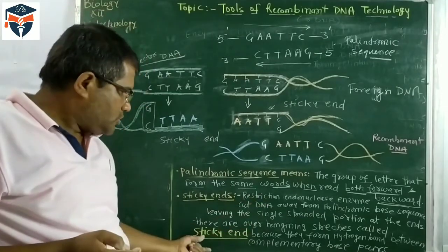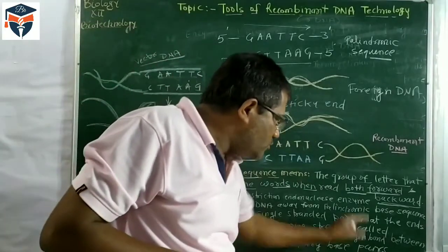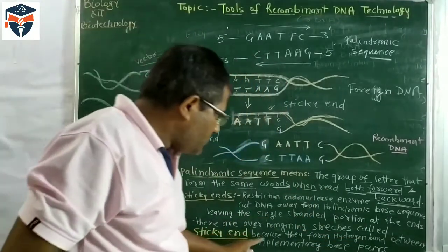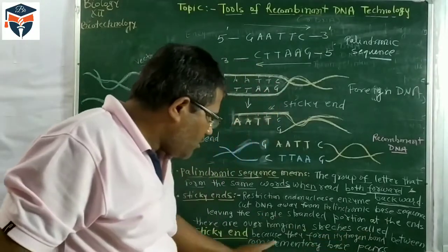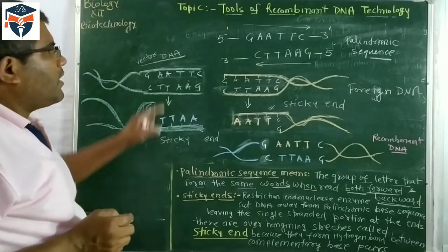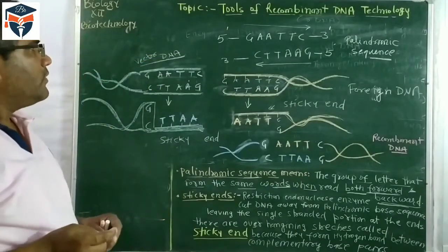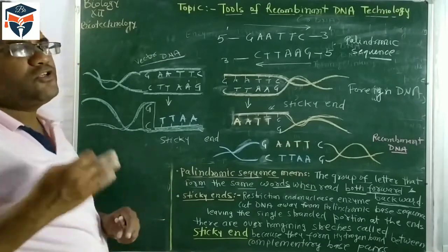They are called sticky ends because they form hydrogen bonds between complementary base pairs. So we should now understand, after the palindromic sequence, what a sticky end is.